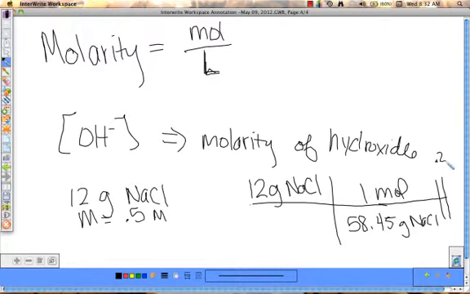So 0.21 moles. Now what? Put it in the top equation. So what's our molarity? 0.5 is equal to 0.21 over, we're looking for liters, 0.21 divided by 0.5.